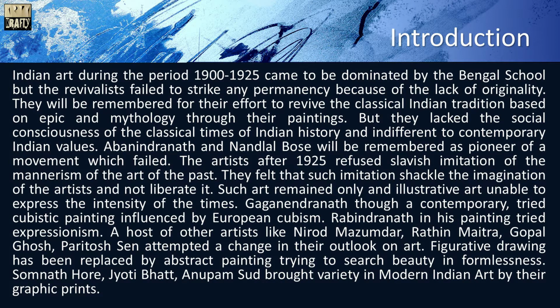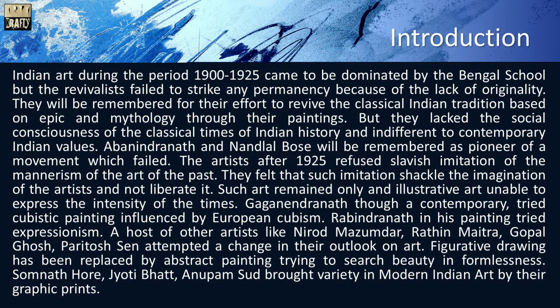The artists after 1925 refused slavish imitation of the mannerism of the art of the past. They felt that such imitation shackled the imagination of the artists and did not liberate it.